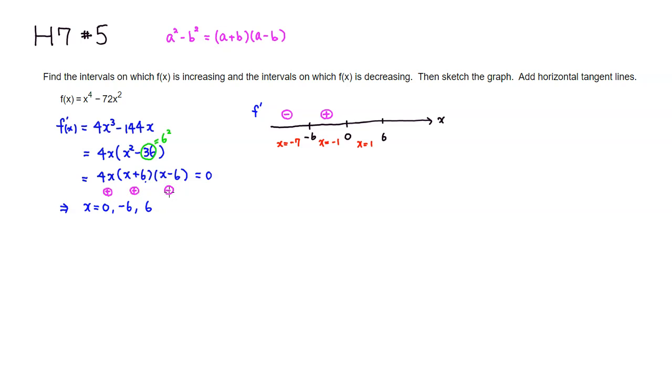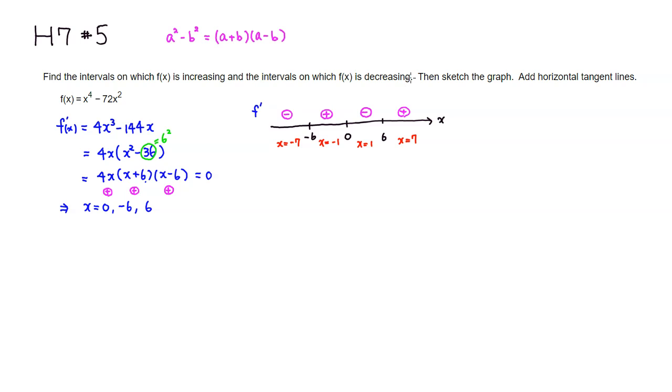Positive times negative is negative. For the last interval, anything bigger than 6, I'm going to try 7. 4 times 7 is positive, 7 plus 6 is positive, and 7 minus 6 is positive, so everything is positive.